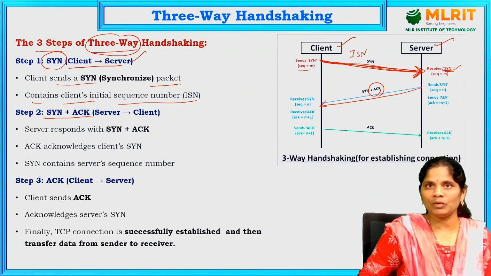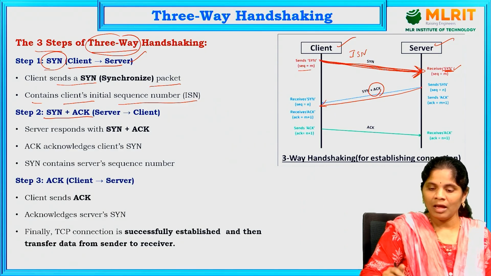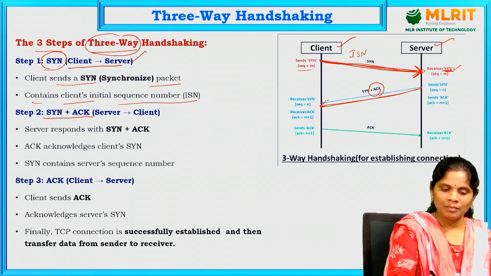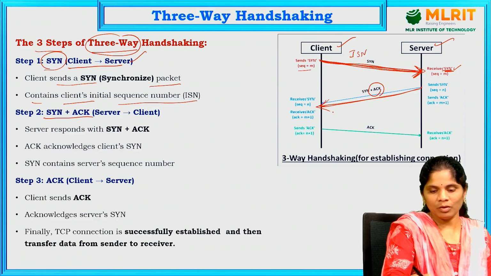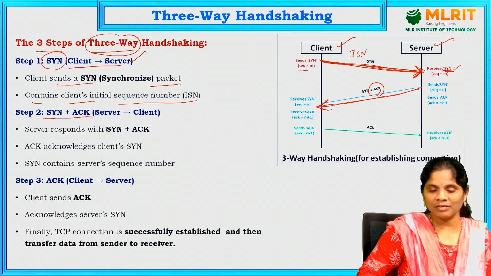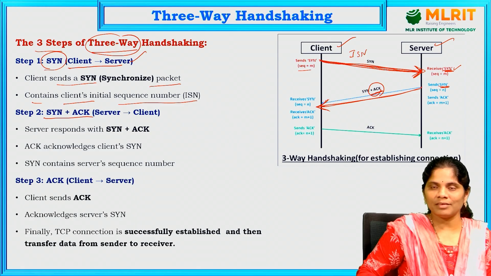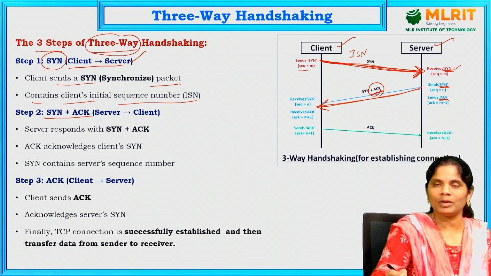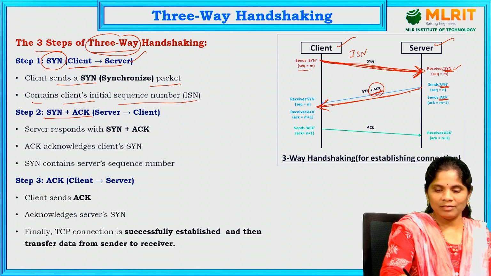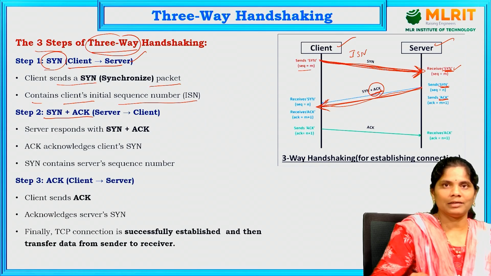Yes, I received your message, your connection request. I am also sending synchronization, I need to also connect to you. So it is sending the synchronization message as well as the acknowledgement. That is the server sending to the client.